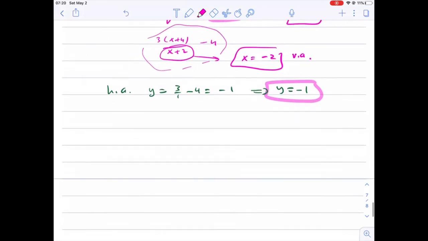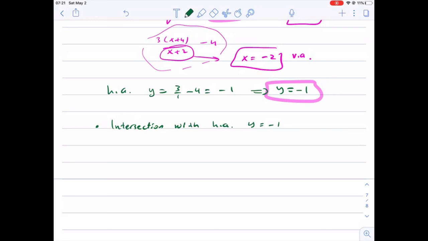So we determined the horizontal asymptote. Now we need to determine whether the function intersects the horizontal asymptote, I mean y equals negative 1.